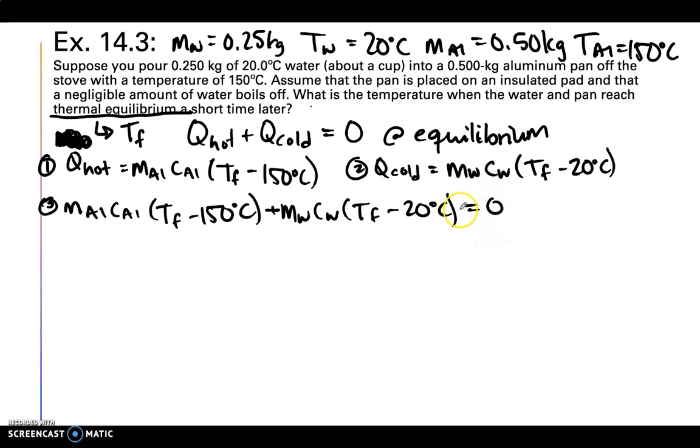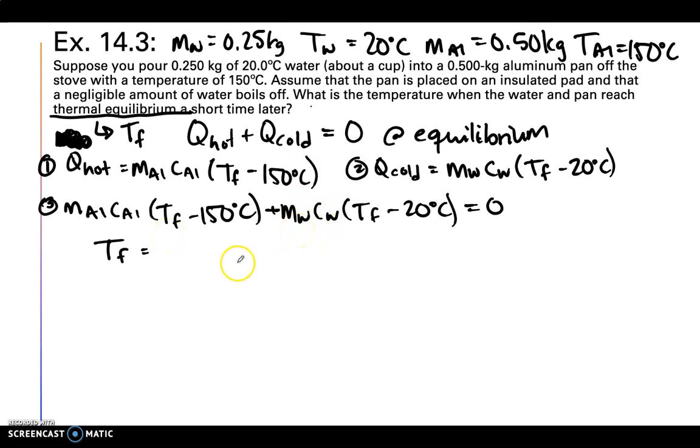Now from here, what you'll do is take each of these and solve for T final. Instead of doing all of that here, I'm going to go ahead and write out what it would be.